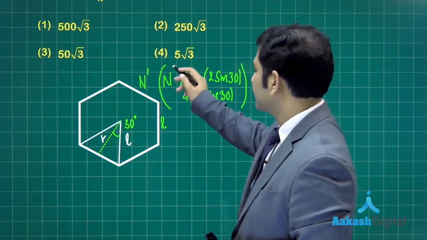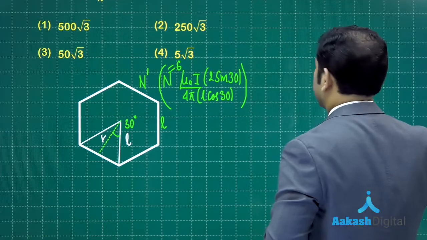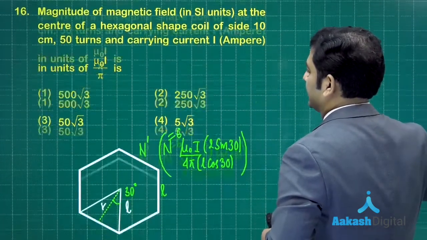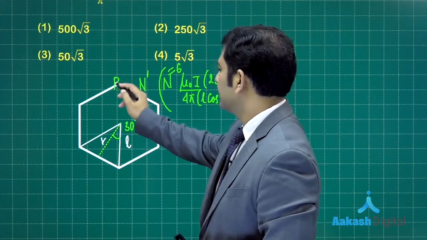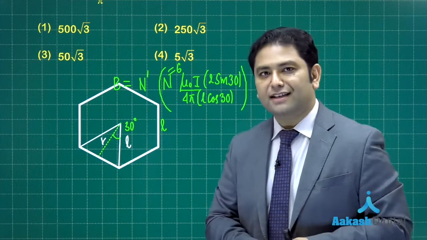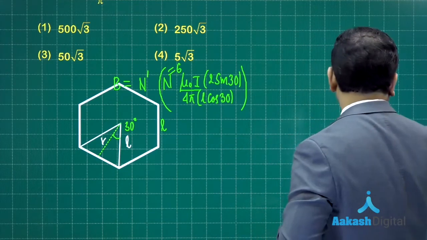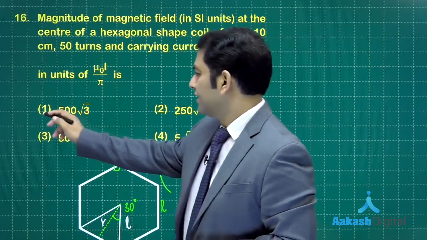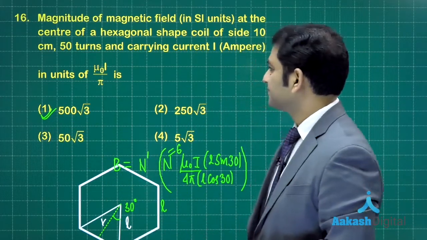So n is equal to 6, the number of sides, and the number of turns that has been given is 50, so n dash will be 50, and that is the value of magnetic field. The calculation is not hectic at all. You need to compute in terms of the unit of mu naught I by pi that has been given. You do that, you will get option number 1 as the correct option.